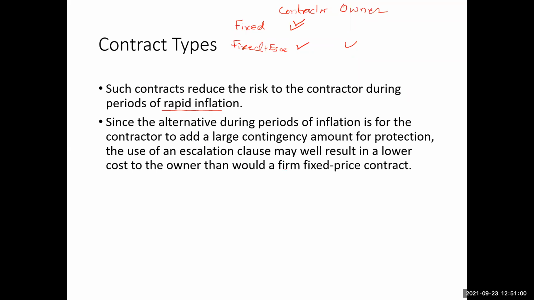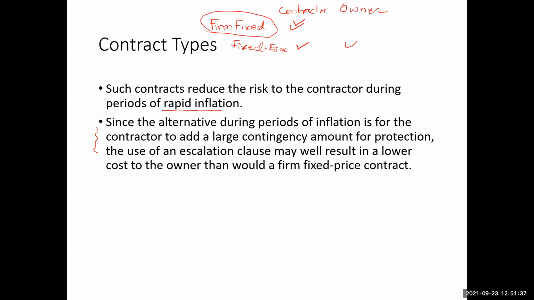Since the alternative during periods of rapid inflation is for the contractor to add a large contingency amount for protection, the use of an escalation clause may well result in a lower cost to the owner than would a firm fixed price contract. So this is another important point. Sometimes the situation is not ideal for the contractor. For example, the contractor is asked to bid for a firm fixed price contract.